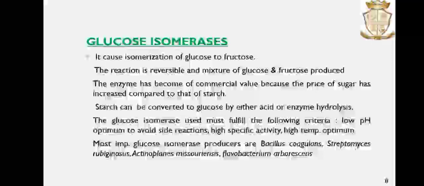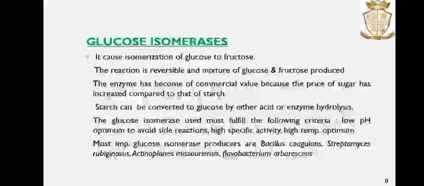Glucose isomerases. It causes isomerization of glucose to fructose. The reaction is reversible and a mixture of glucose and fructose is produced. The enzyme has become of commercial value because the price of sugar has increased compared to that of starch. Starch can be converted to glucose by either acid or enzyme hydrolysis.